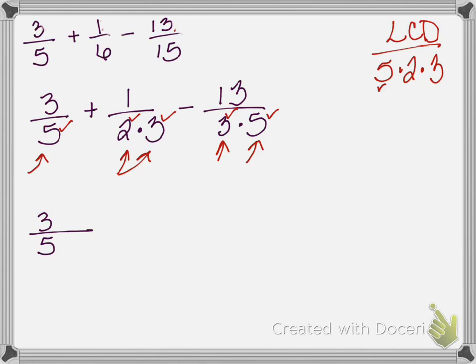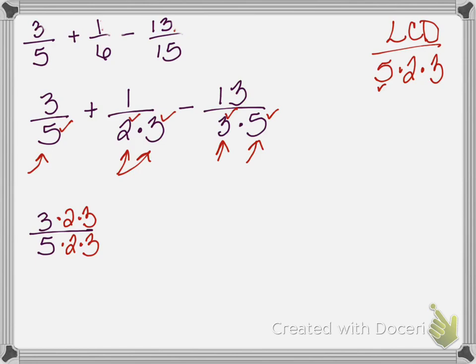What's missing from my LCD in my 3 over 5? I've got the 5 covered, so what's missing in my denominator? The 2 and the 3. So I am going to write down 2 times 3 in my denominator. But if I put it in my denominator, I also have to put it in my numerator.